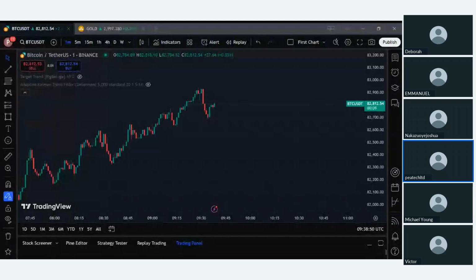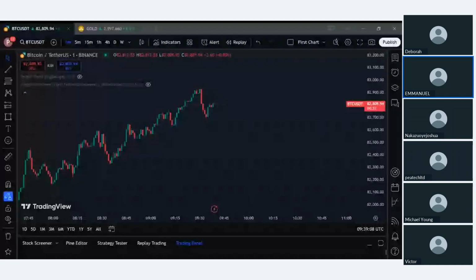Have you installed the TradingView app on your system? Yes, I have. All right, great. Open it and share your screen with us. Okay, let me do that now.